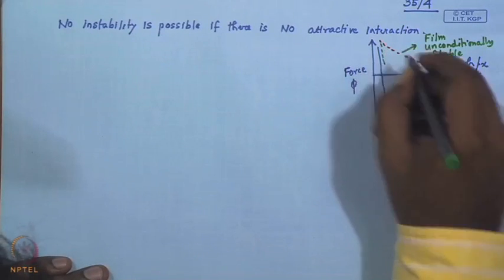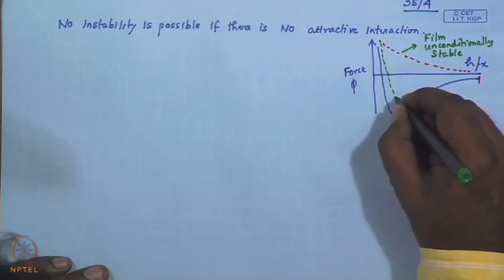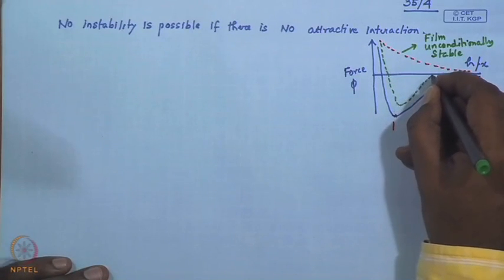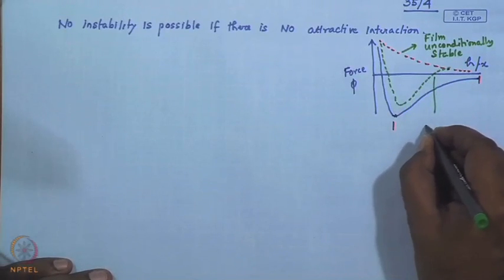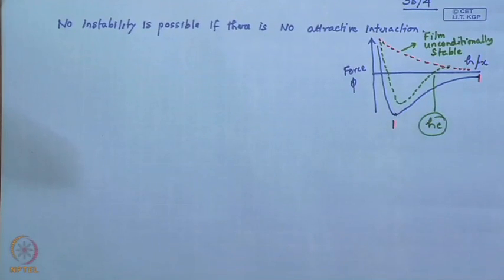And this is a typical curve for a metastable film, where one can say that this is a critical thickness corresponding to that metastable film.